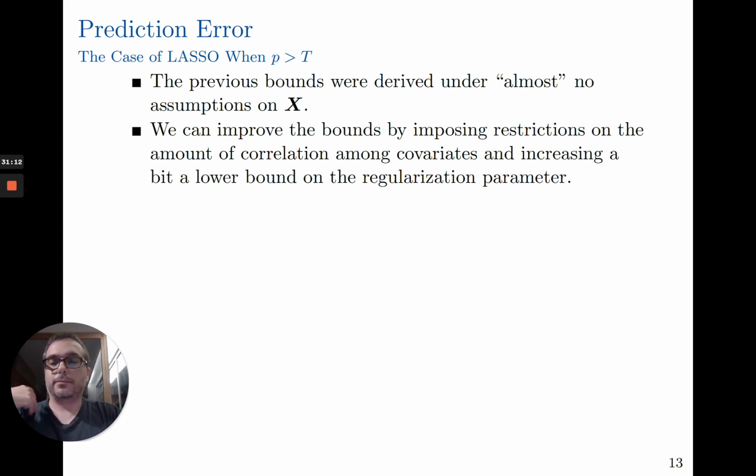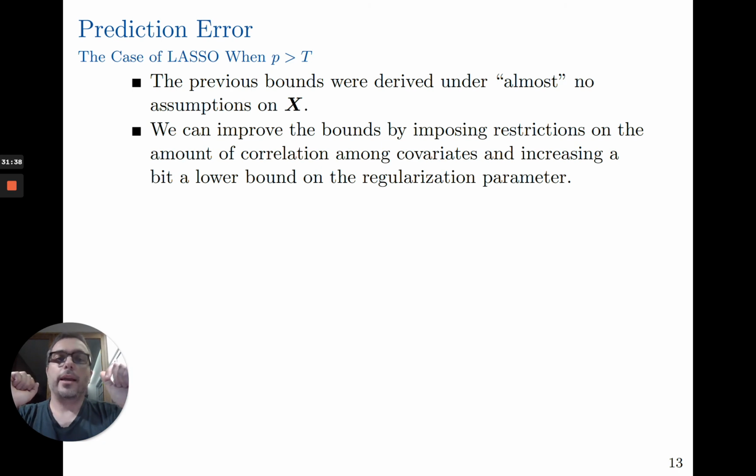But if we want more flexible bounds, basically we need to control the correlation among the covariates. So far we haven't said anything about correlation among the variables. Now we have to say something.